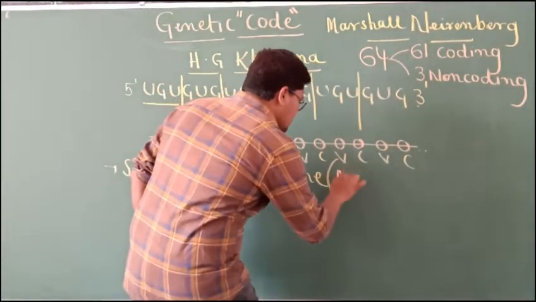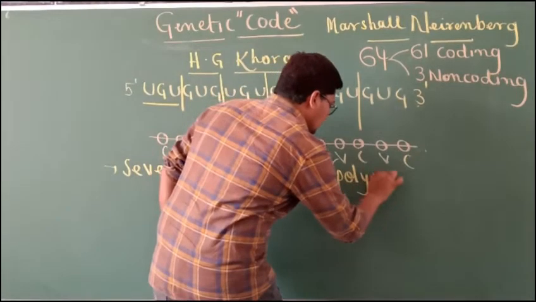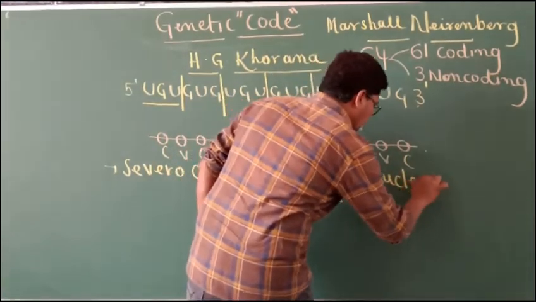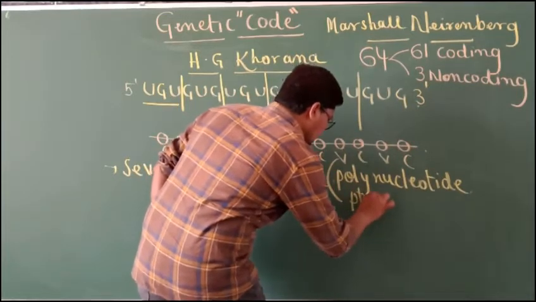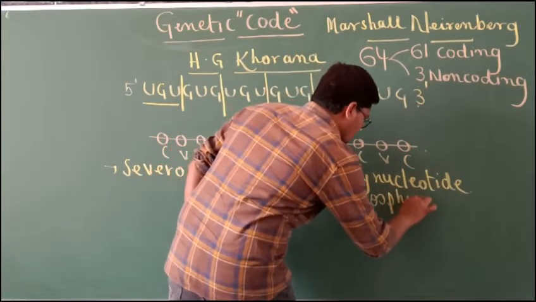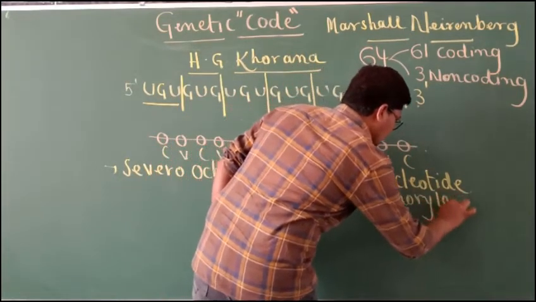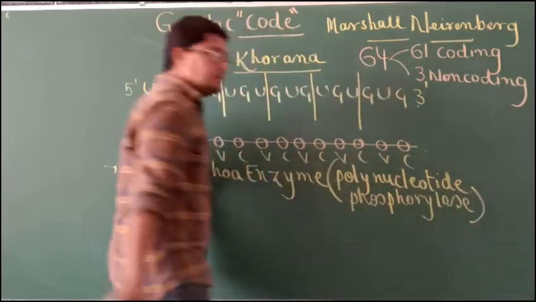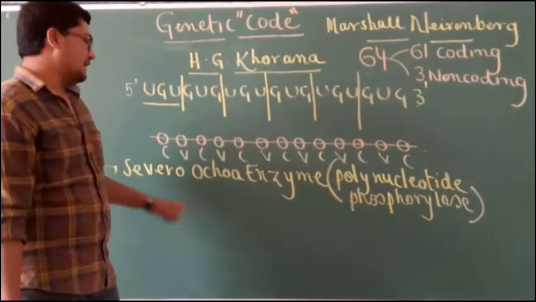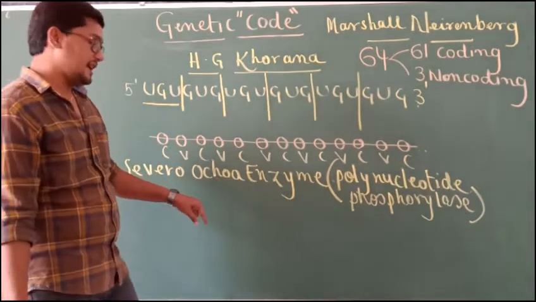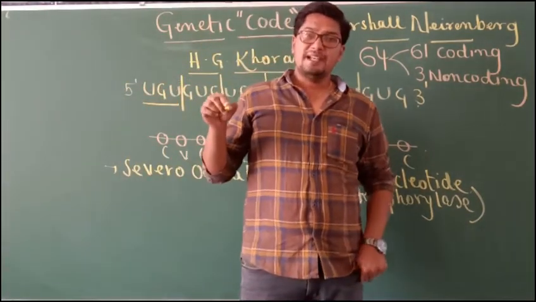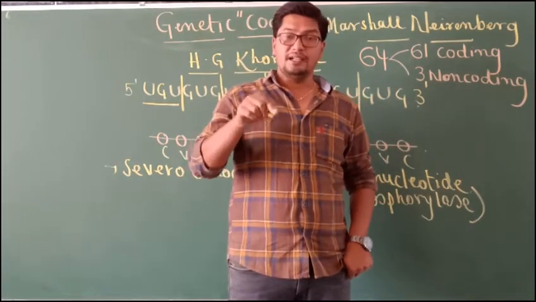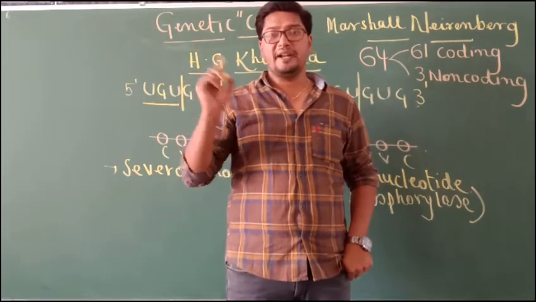Severo-Ochoa enzyme is also called polynucleotide phosphorylase. And what is the use of this enzyme? So this enzyme is used for enzymatic synthesis of mRNA in DNA template independent manner.